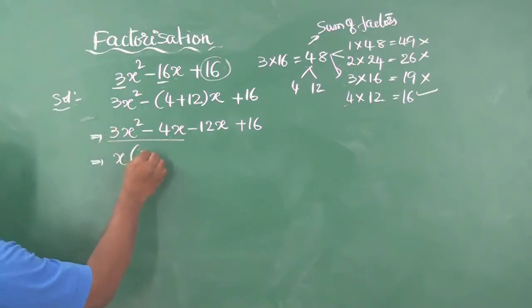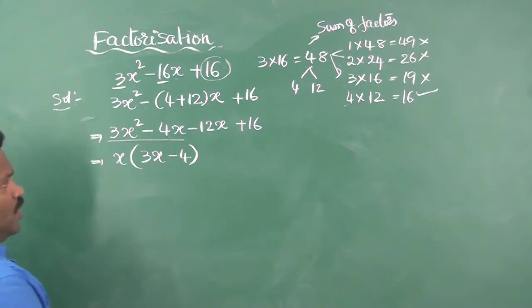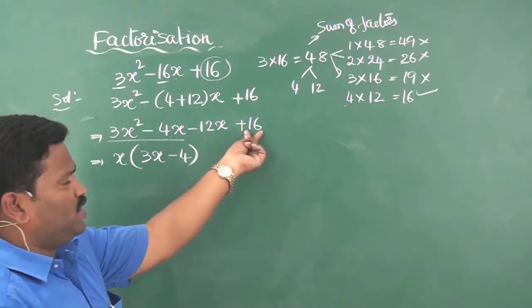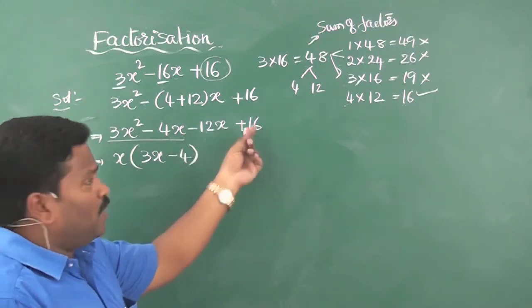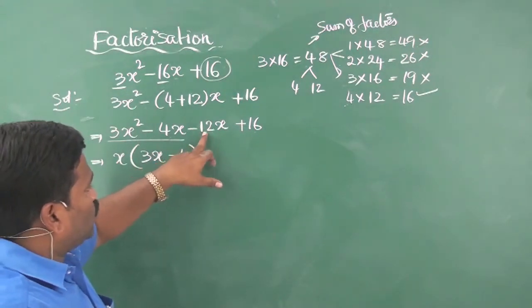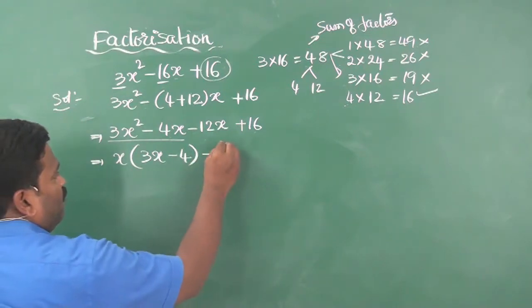Here we have 3x and here we have 4 left. Now, in these two, what can you take common? 12 and 16. The GCD of 12 and 16 is 4. Since 4 is a common factor for both 12 and 16, take 4 common.